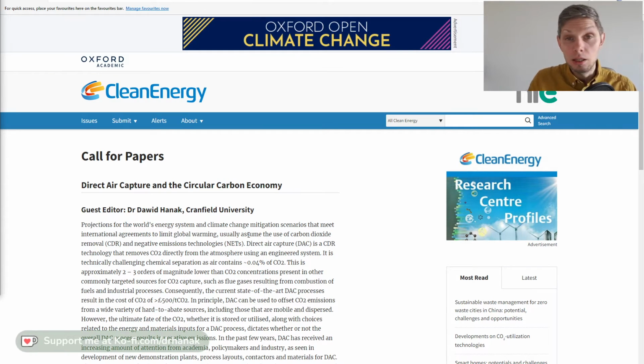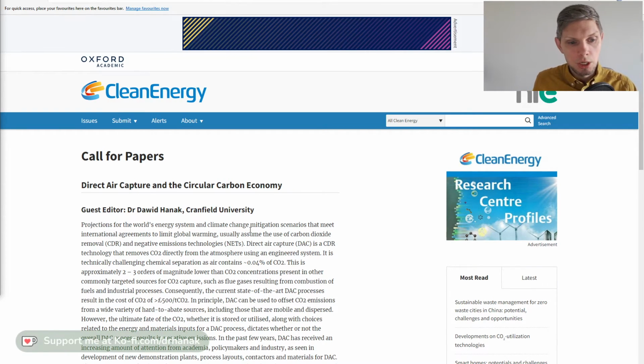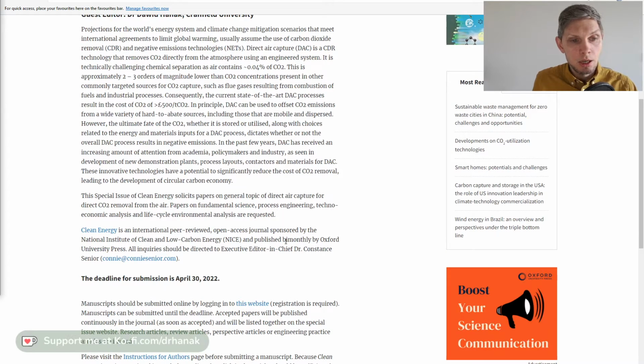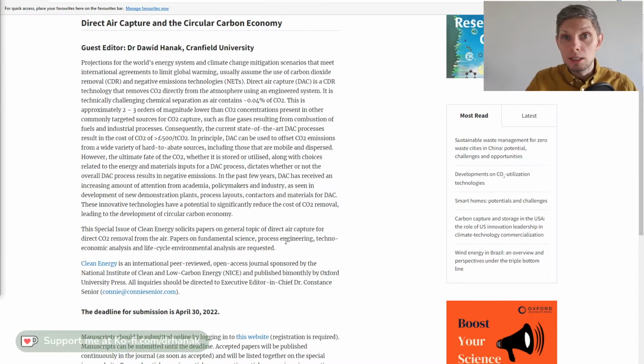The main idea behind that special issue is to have a look at what are the new ideas in direct air capture. What work are you doing across different stages of direct air capture, whether that's new materials, new processes, new utilization options. I'll be happy to see good high quality submissions in direct air capture for circular carbon economy.